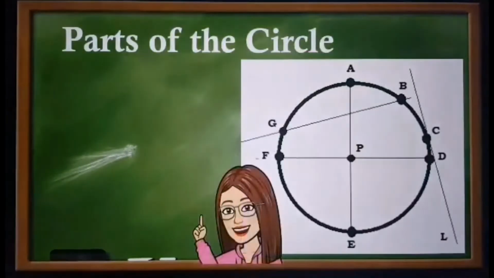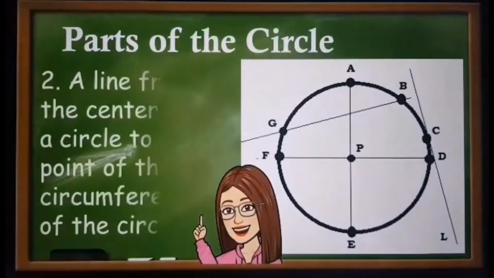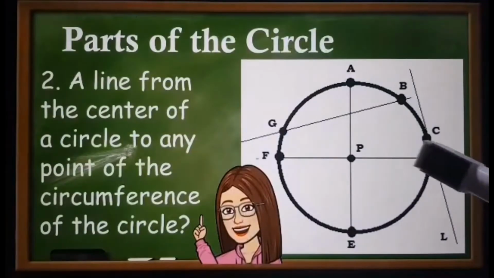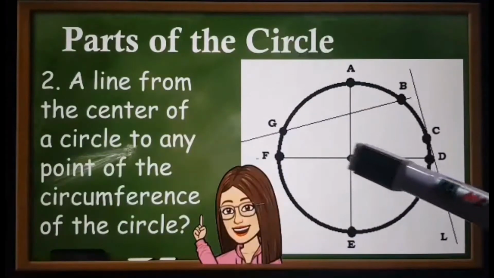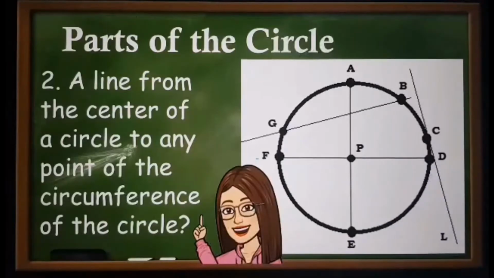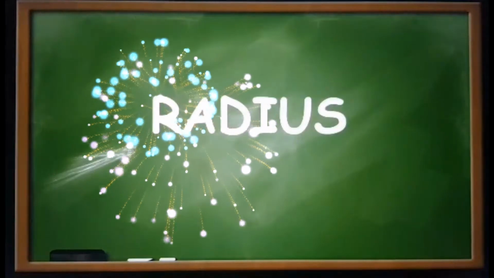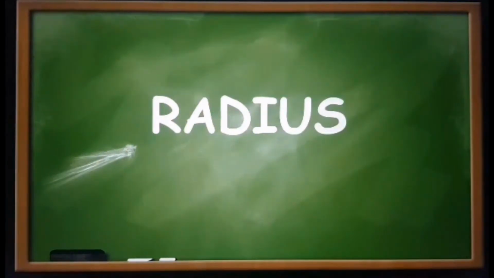How about this? A line from the center of the circle to any point on the circumference of the circle. Did you say radius? Yes, that's correct.